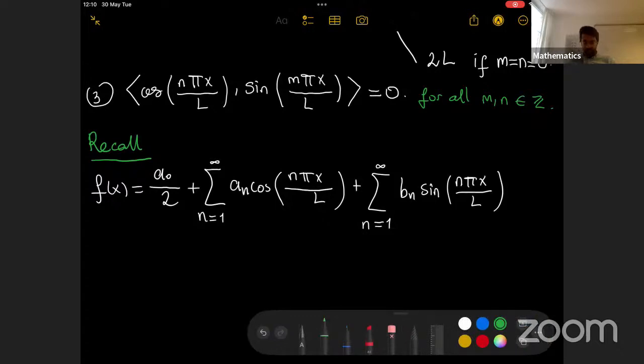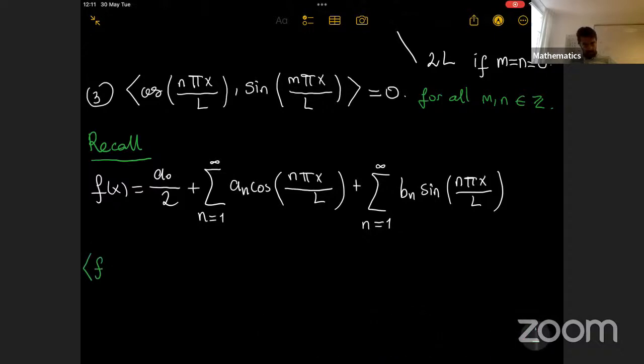Well, now to find here an, we will consider the inner product of f with cosine m pi x over L, and let's see what we get from this.